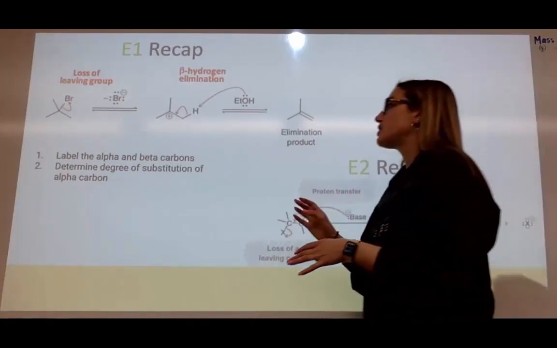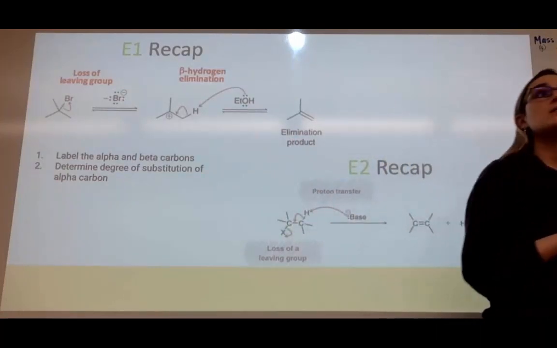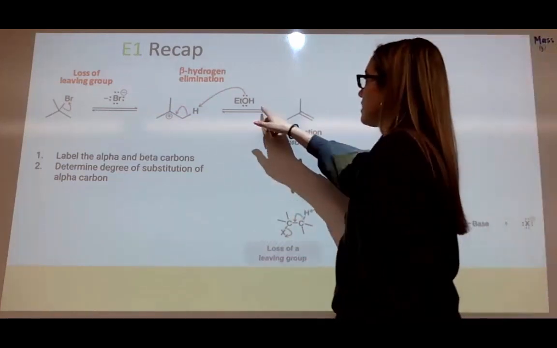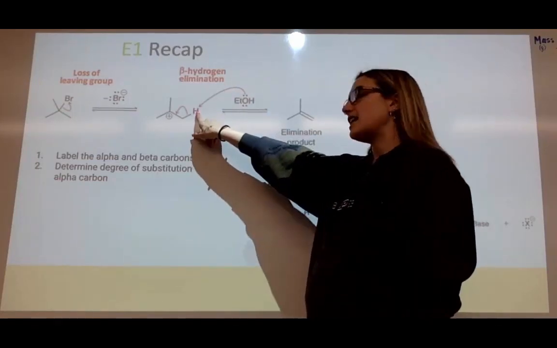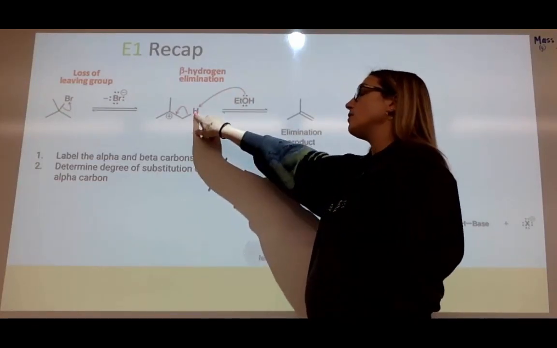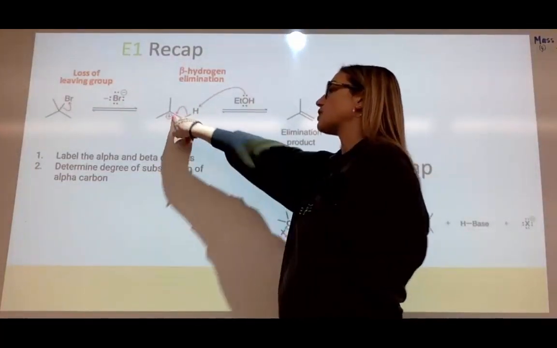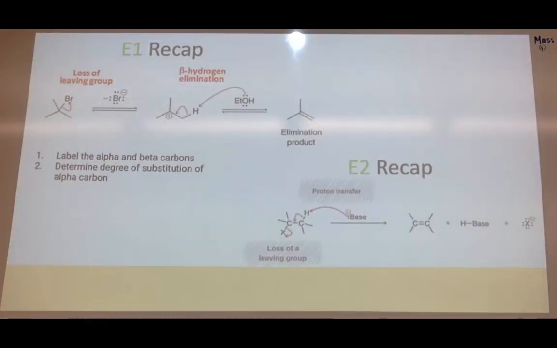So we have to focus on where's our alpha carbon, where are our beta carbons, and then where are our beta hydrogens, and then how will the base remove the beta hydrogens. So for this example, we have the oxygen attacking, right? It's going to remove that H, and then the bonding electrons are actually going to form that double bond. So then we have an elimination product.